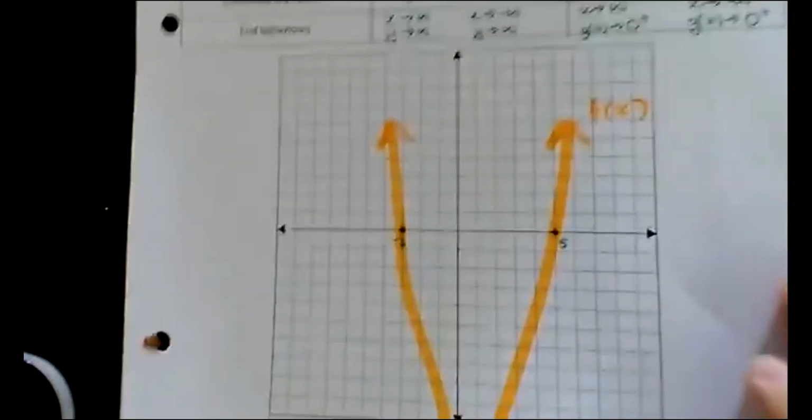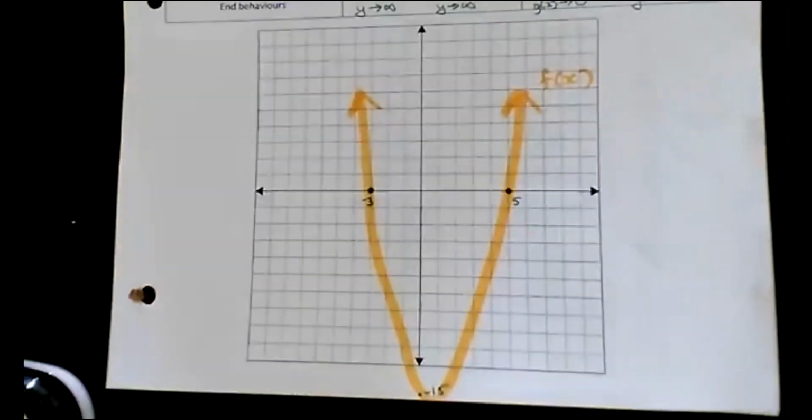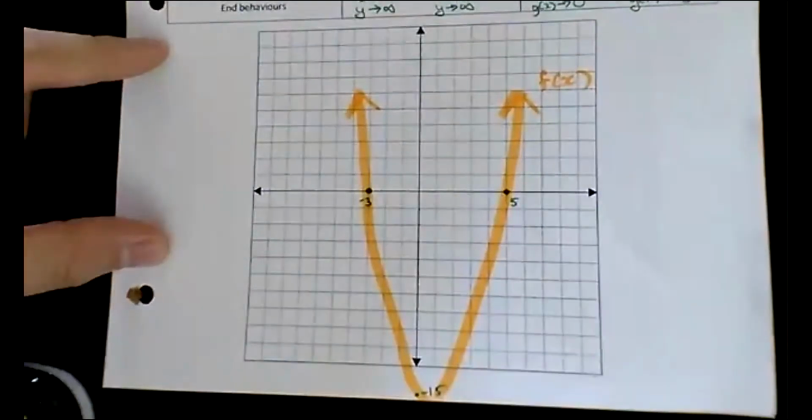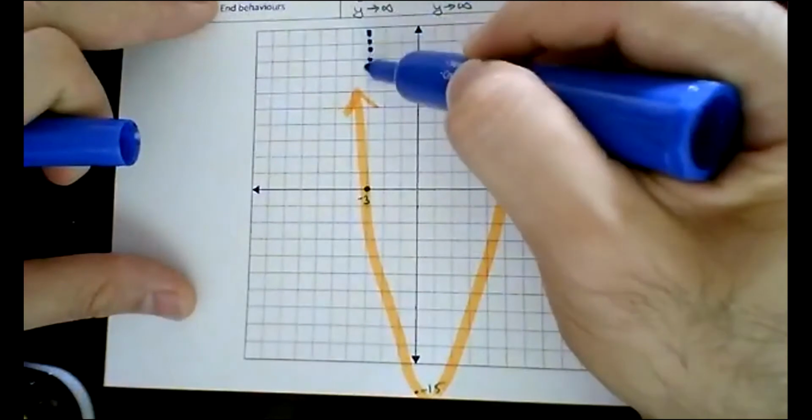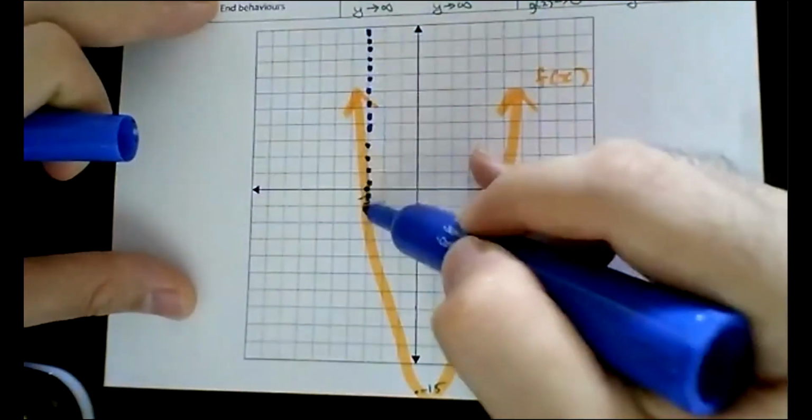Okay, so I'm going to zoom out a little bit so you can see the entire graph, and watch me put this together. Number one, instead of X-intercepts, I know that they are asymptotes.